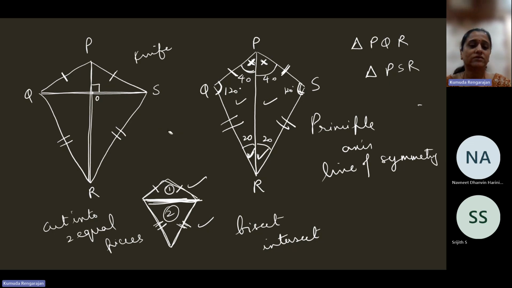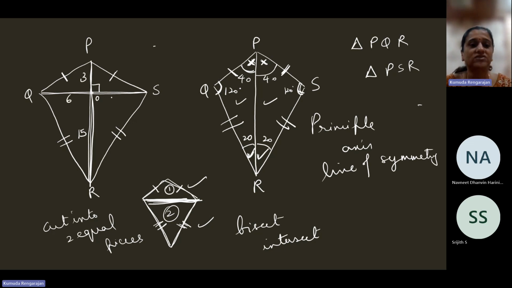Which means PR is the knife. PR is the longer diagonal. Now, if the length of the diagonal is supposing some 18, it may be 3 centimeters here and 15 centimeters here. But the shorter diagonal, say it is 12.